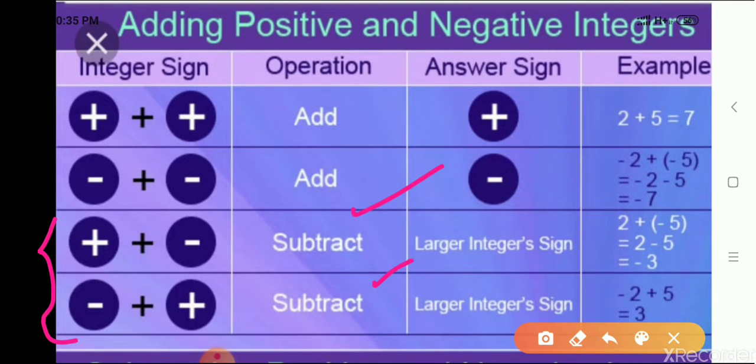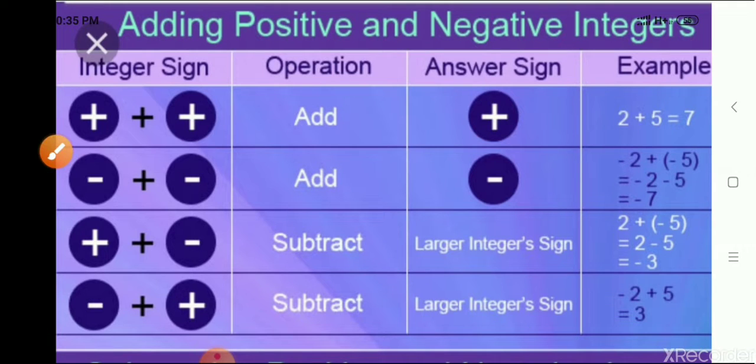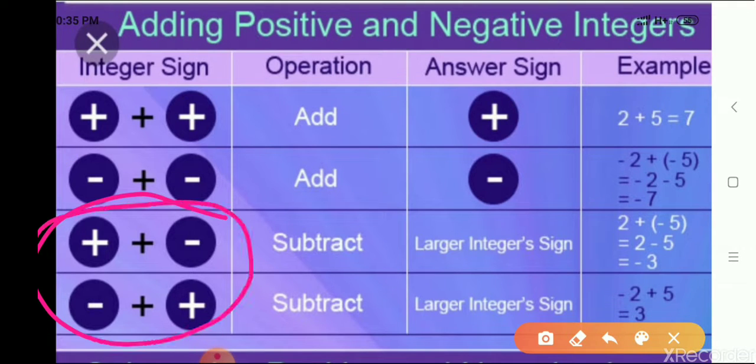In the third case, if we have two integers with different sign, then we will subtract both the integers. Okay, and what will be the sign? The sign will be of the greater integer. Okay, in both the cases, whenever the integers are having different sign, we will have the sign of the larger integer.